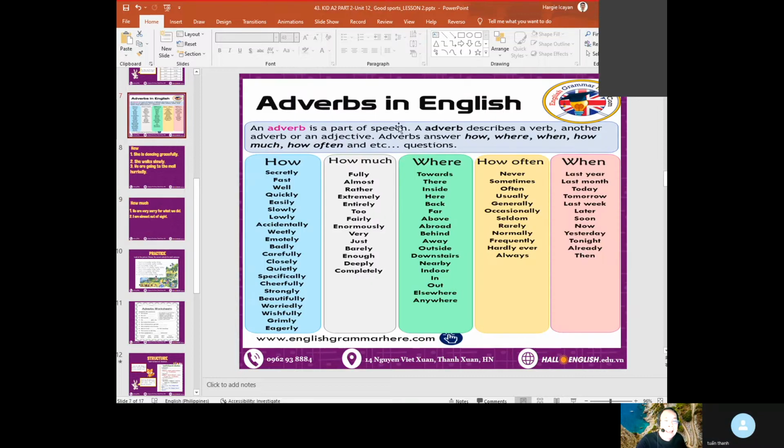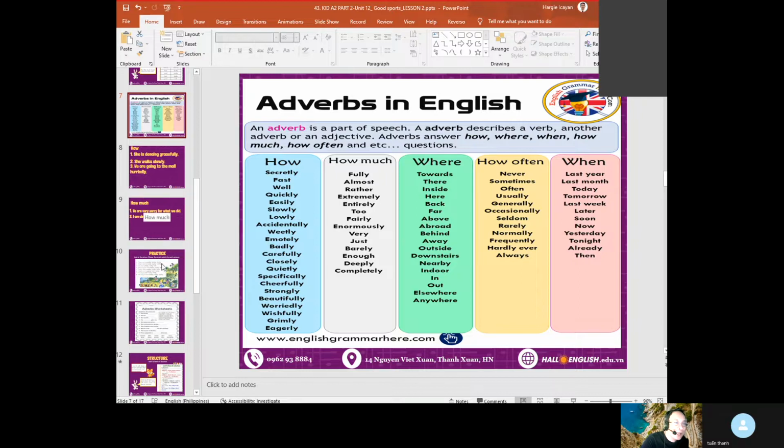So again, an adverb can answer the question how, can answer the question how much, and then of course where. It answers the question where. And it can answer the questions how often and when. Okay? So if these particular words are used, we are talking about an adverb.